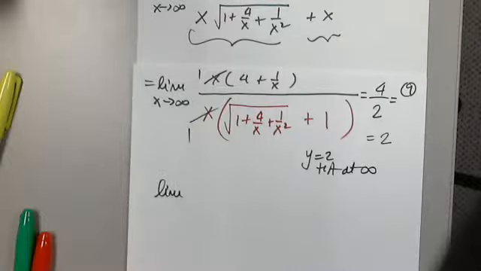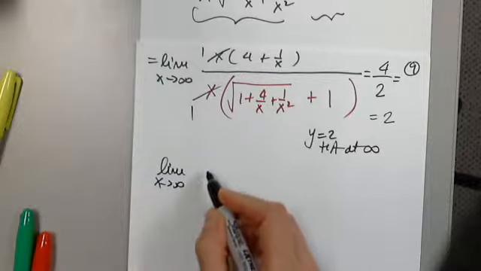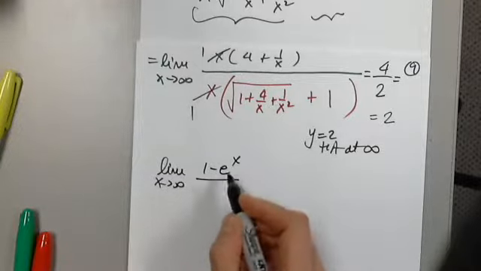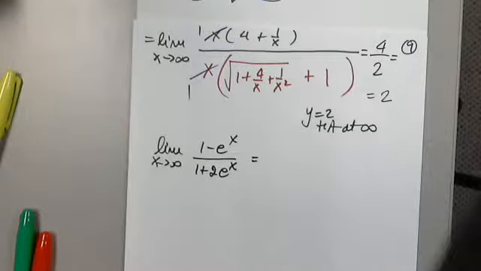Are we okay? Okay, so limit as x approaches infinity of 1 minus e to the x over 1 plus 2 e to the x. It's a limit, and we want to see what type of limit. What do I have to do? Good.